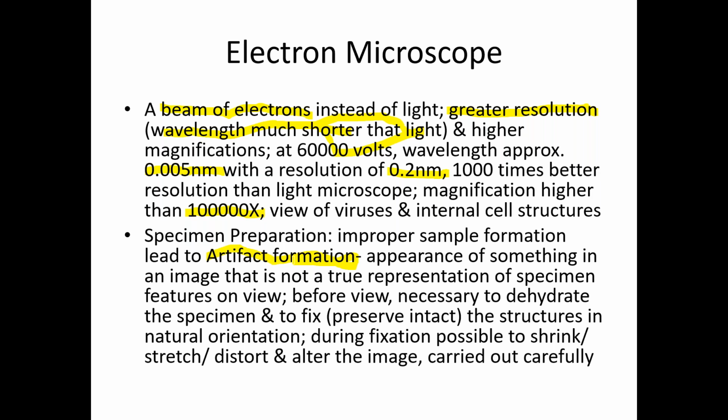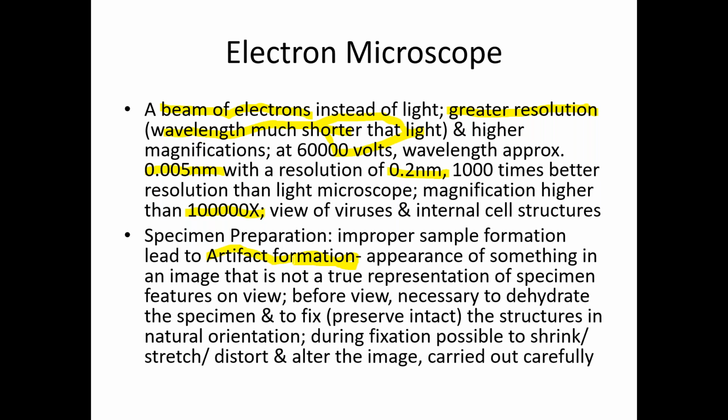Similarly, in the electron microscope, if we are not preparing the sample or making the specimen properly, it may lead to artifact formation, which is nothing but the appearance of something in an image that is not a true representation of specimen features on view. While viewing, we will be misguided that it is the microbial cell structure, but it won't be.